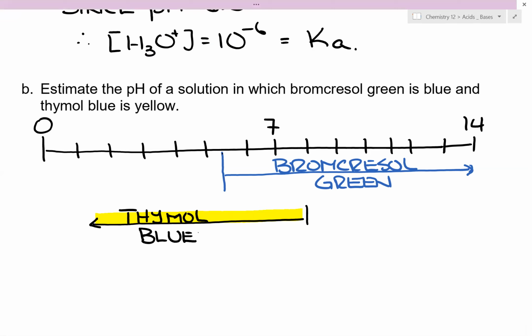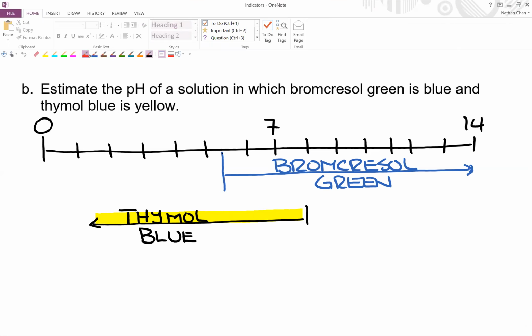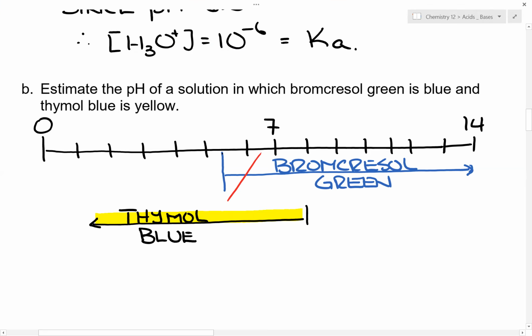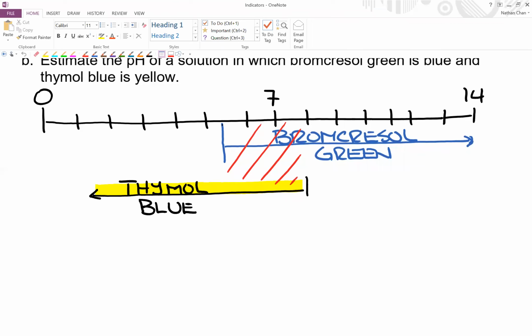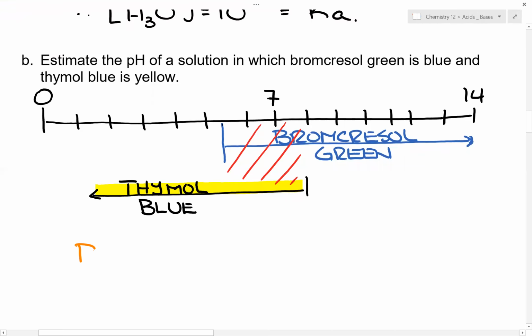In this case, I want to look for the overlap, which is right here, where the two overlap. So the range in this case is 5.4 to 8.0.